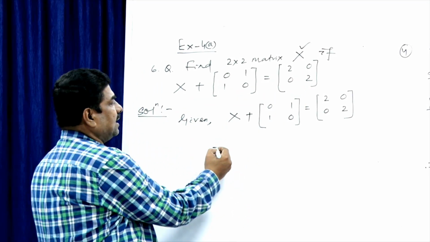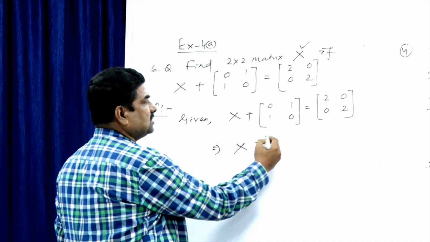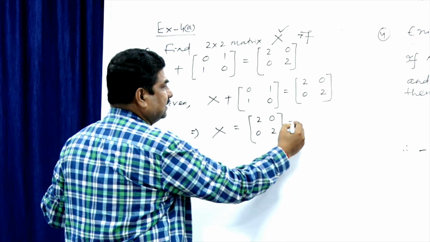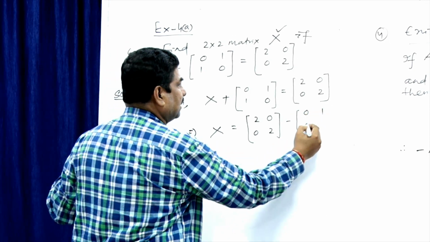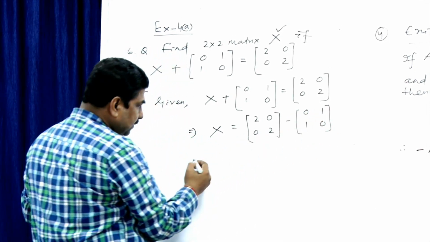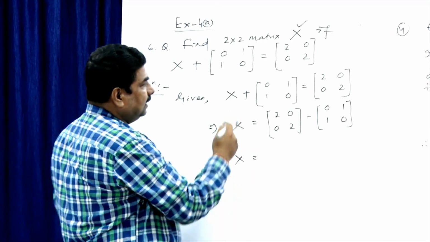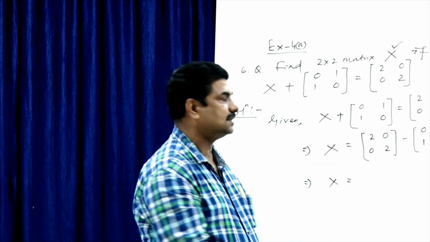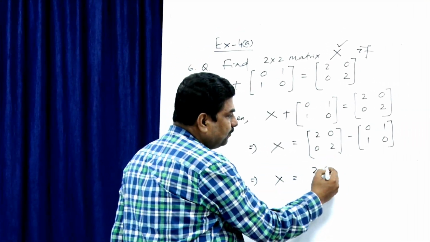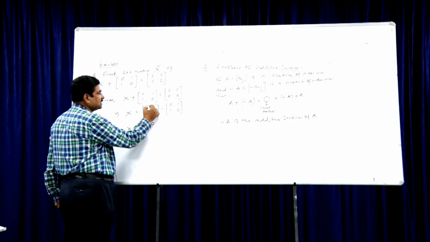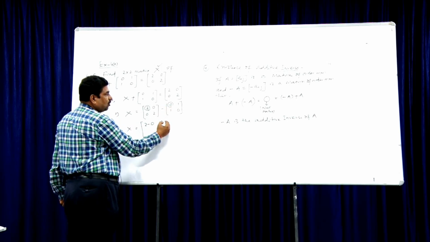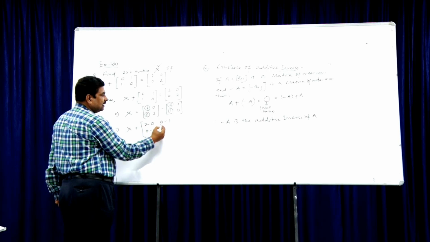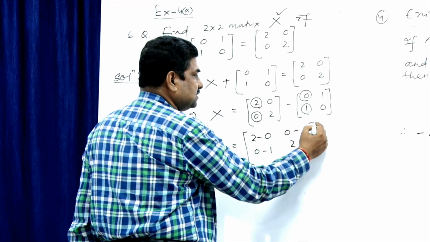So we can write X equal to [2 0; 0 2] minus [0 1; 1 0]. You already know the difference of two matrices, so we write 2 minus 0, 0 minus 1, 0 minus 1, and 2 minus 0.